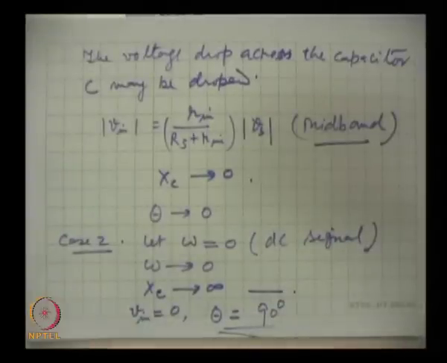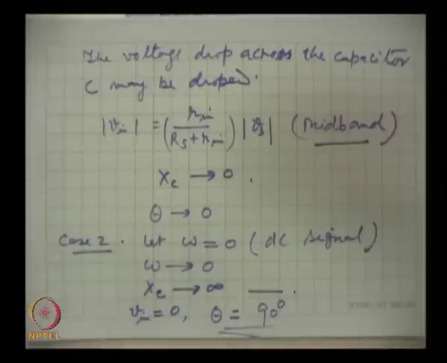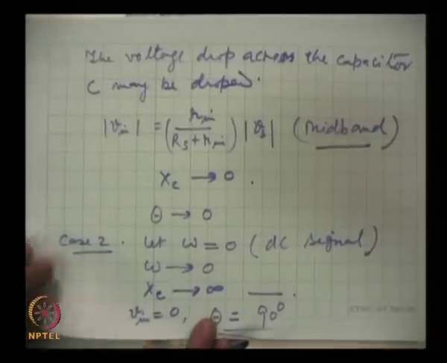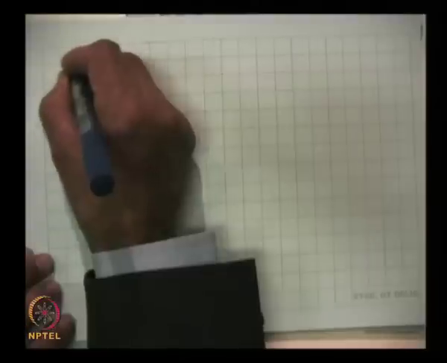So these are the two extreme cases, one when theta is 90 and the other where theta was 0. That 0 happens in the mid band, and this happens for DC, just the extreme left point of the curve. From here let us examine case 3, which is most significant.